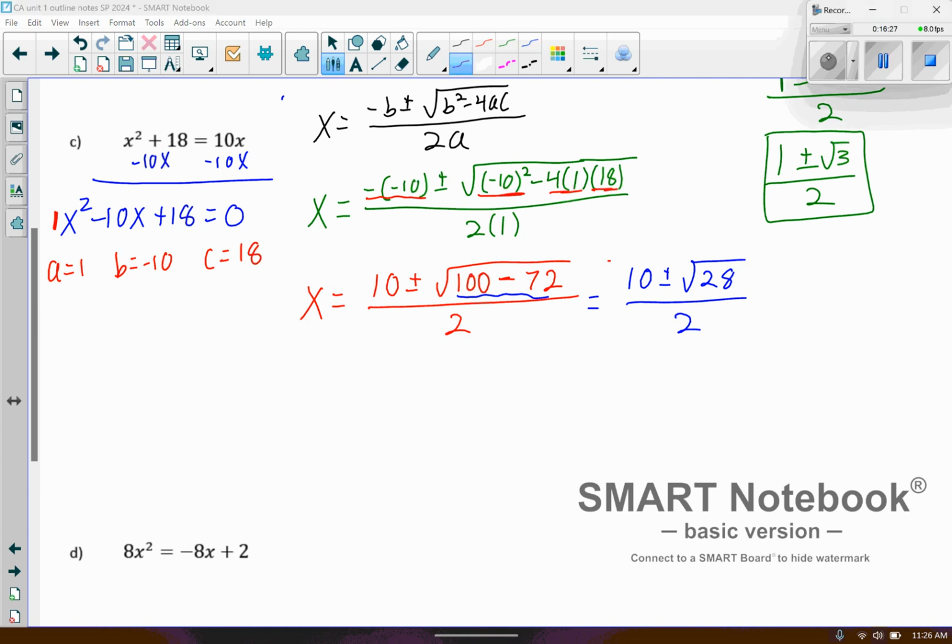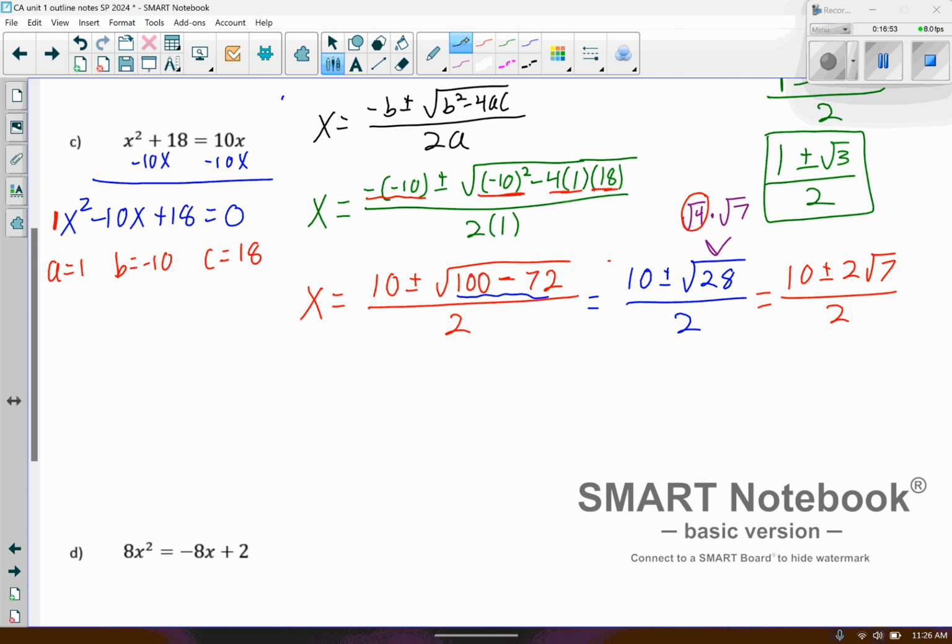So now with the square root of 28, we can break that up again, and it looks like it's going to be 4 and 7 here. And so once again, we can go ahead and square root the 4. So let's see, we're going to get 10 plus or minus, let's see, 2 square roots of 7, all divided by 2.